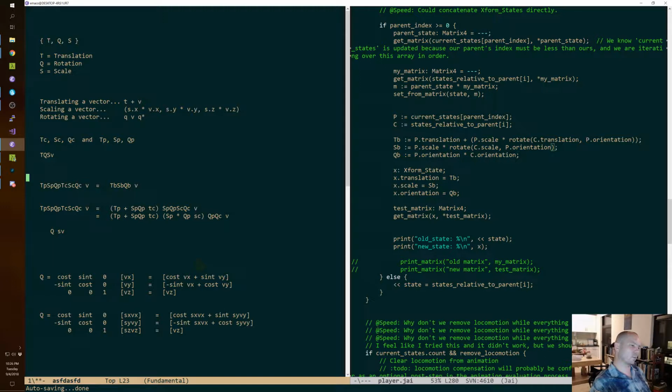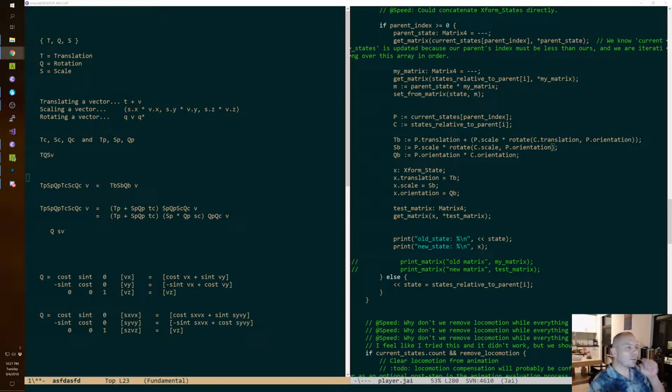Wait. That's not right either, but anyway. The child's attributes are local to the parent, yes.